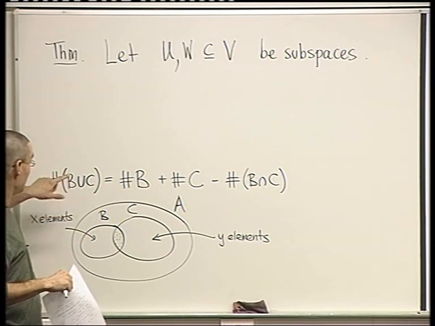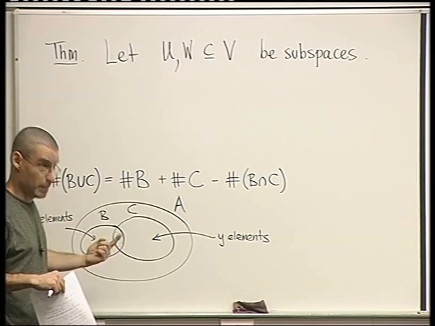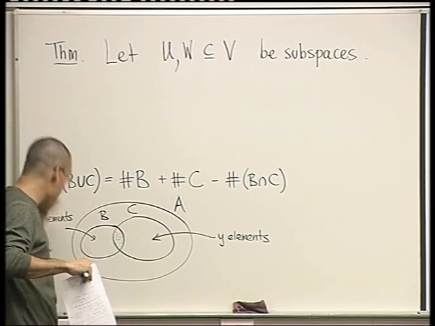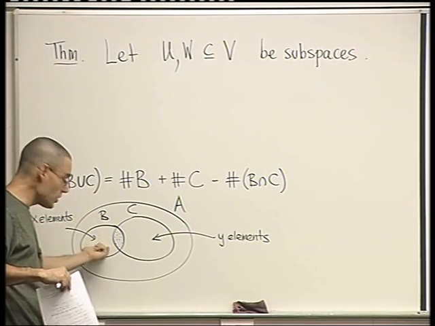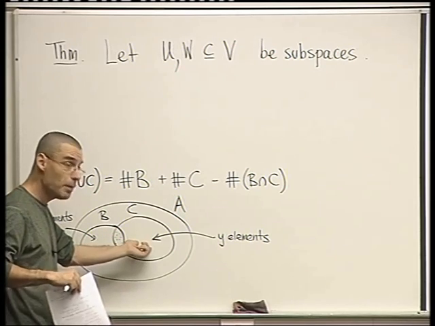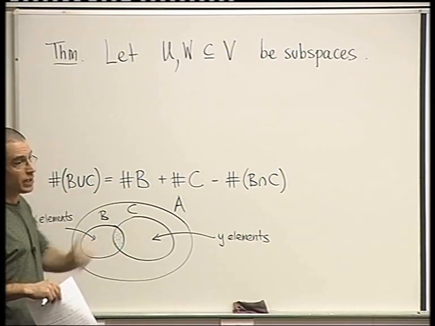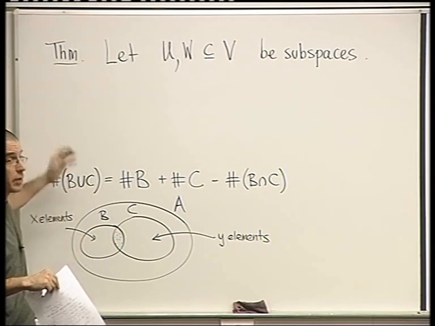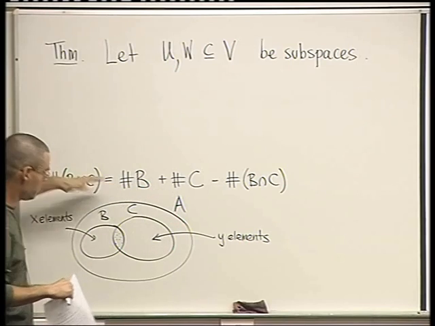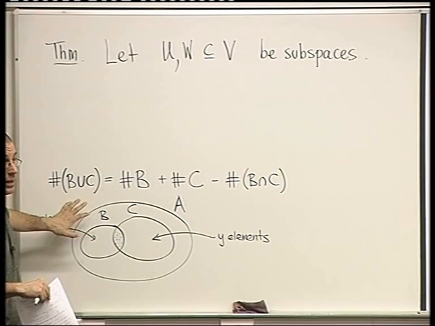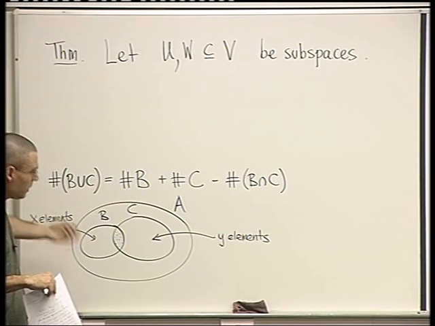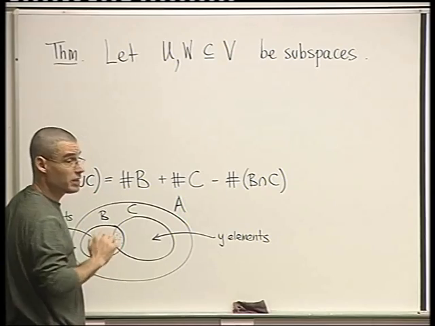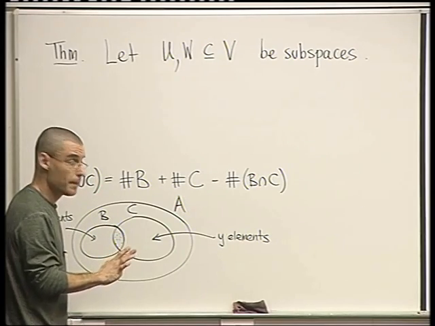But the sum is a subspace, and the dimension of the sum is the dimension of U plus the dimension of W minus the dimension of the intersection, which I'm counting twice. So that's where the idea comes from. You'll see formulas like this appear in many places in mathematics, and they always have the same flavor, but here it's going to be in terms of the dimension. Is the idea clear?